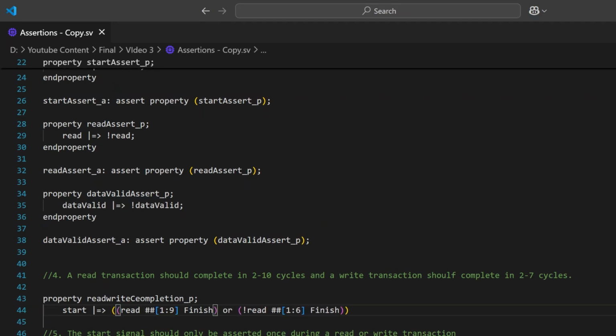So note here, I am not using the logical or, which you will see like this, and it is because it can only be used with expressions and it requires both the LHS and the RHS to be evaluated in the same clock cycle, which is not happening here.